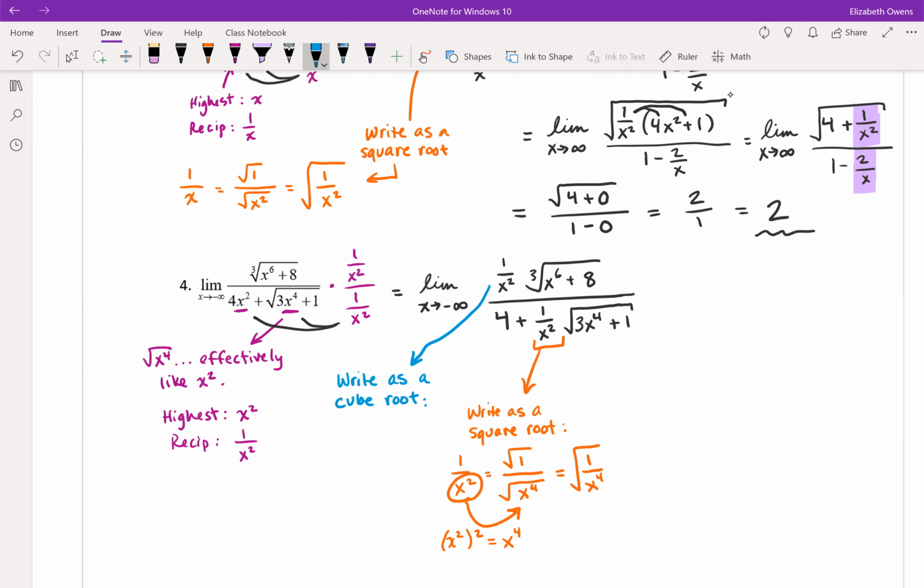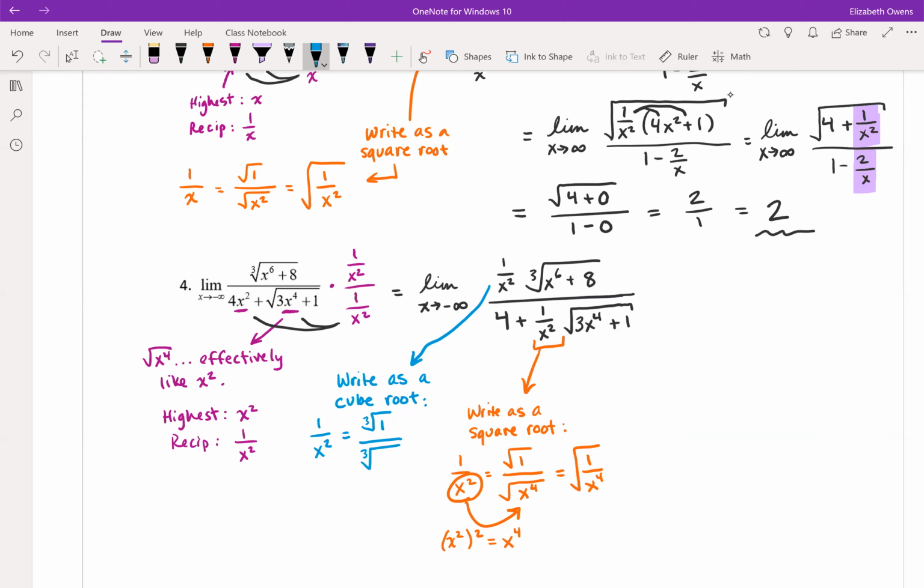Same idea. Okay, we'll take 1 over x squared. That 1 on the top is super nice because 1 is the cube root of 1. Basically you're just going to keep that 1 on the top. All right, so we need to handle the denominator.